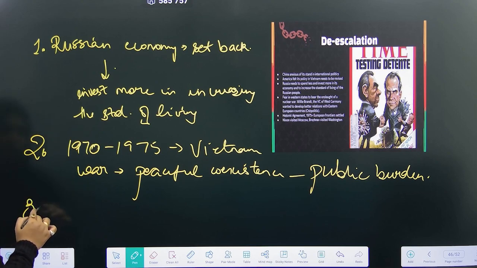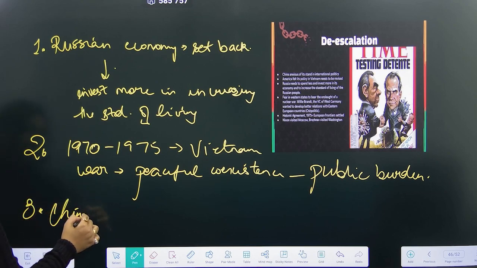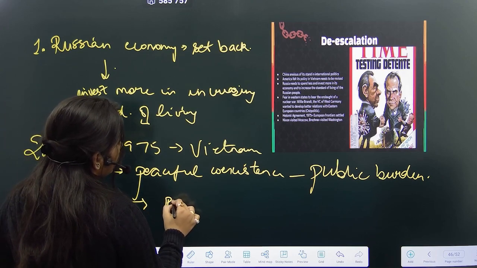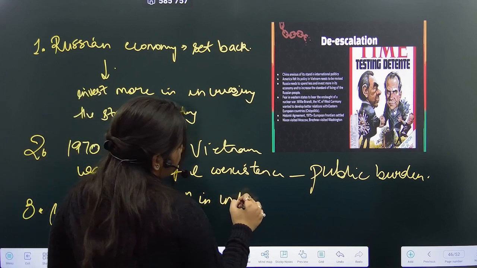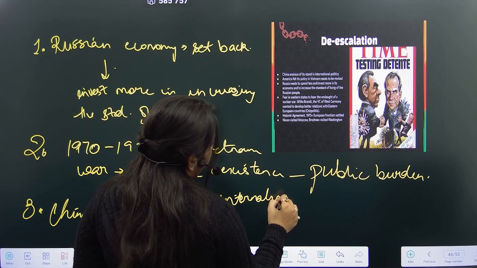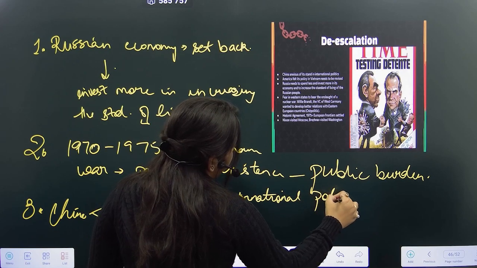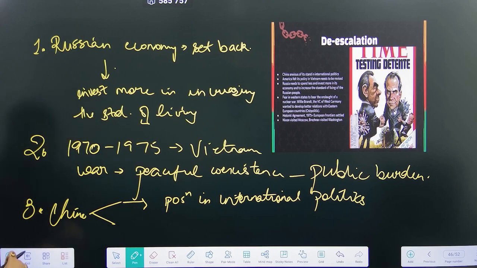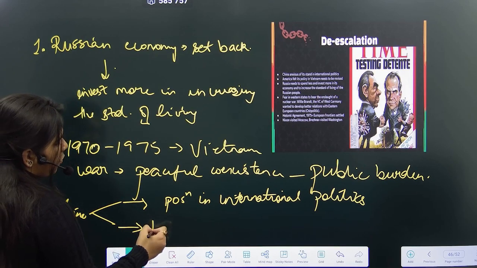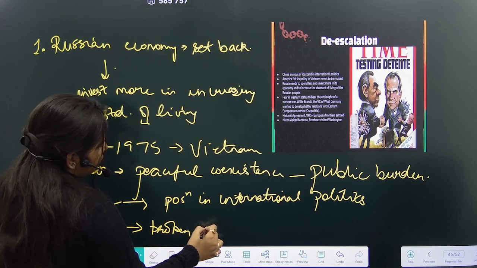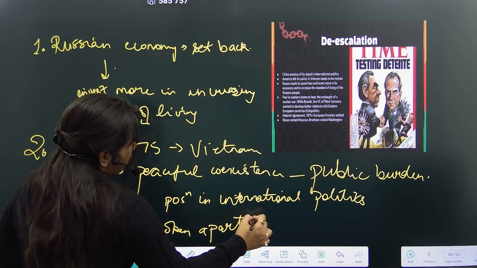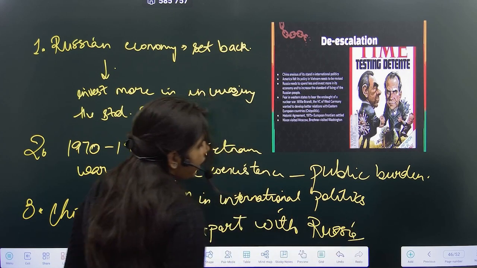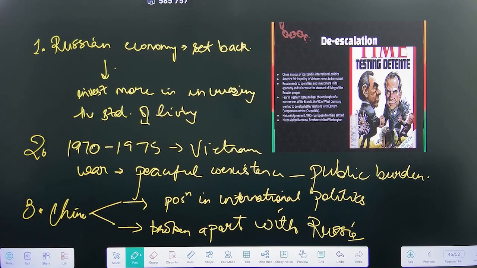Third, China. China had two things. Number one, China was afraid of its position in international politics. Where does it stand? And simultaneously, it had also broken apart with Russia. Why? Actually, because of Russia's communism.